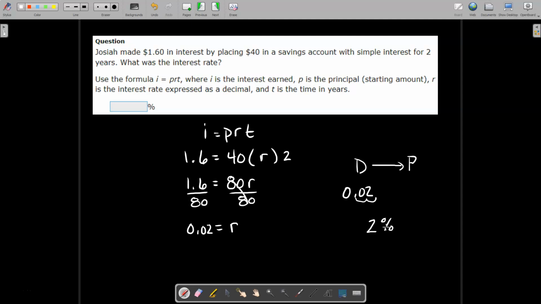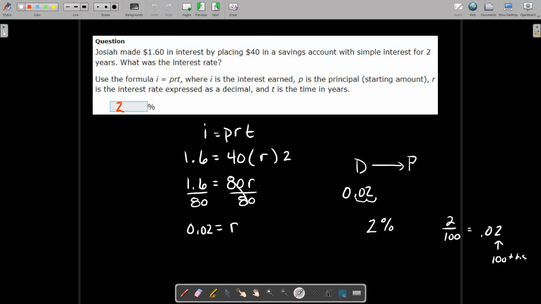That's actually 2 parts of 100, or we could put the 2 in the 100ths place, and we would say that we have 2 100ths. A little bit of review there for other stuff we've been talking about in class, but if you want to use the D to P, move it 2 places concept, that would be all right. And so we have 2% for an answer.